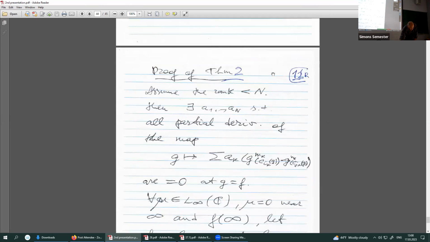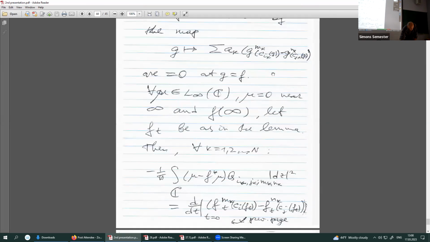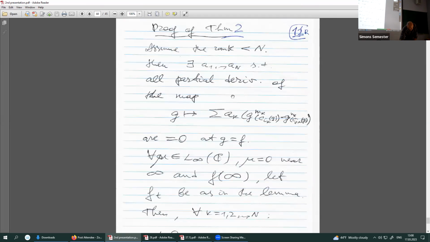Okay, then the proof of theorem 2. So assume that the rank of this map, which is defined by these coordinates, is less than n. Then there is a non-trivial linear combination which has all partial derivatives with respect to the coordinates of the corresponding space equal to 0 at f. But then it means that if we have any holomorphic family through f, the derivative with respect to t at 0 has to be 0 by the chain rule.